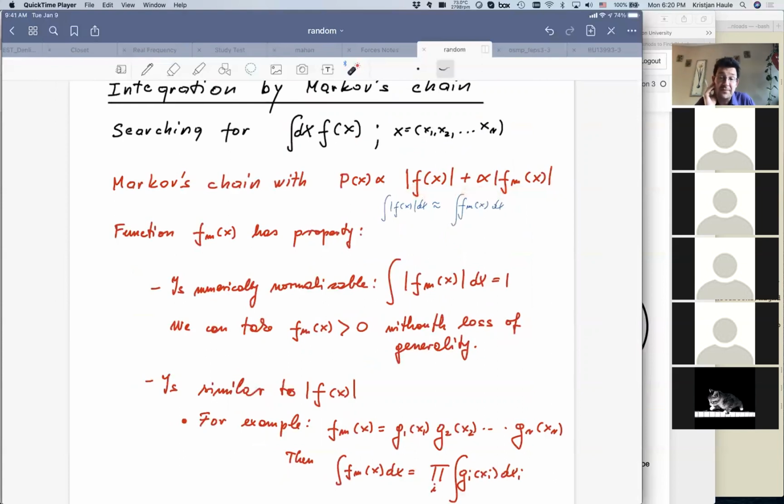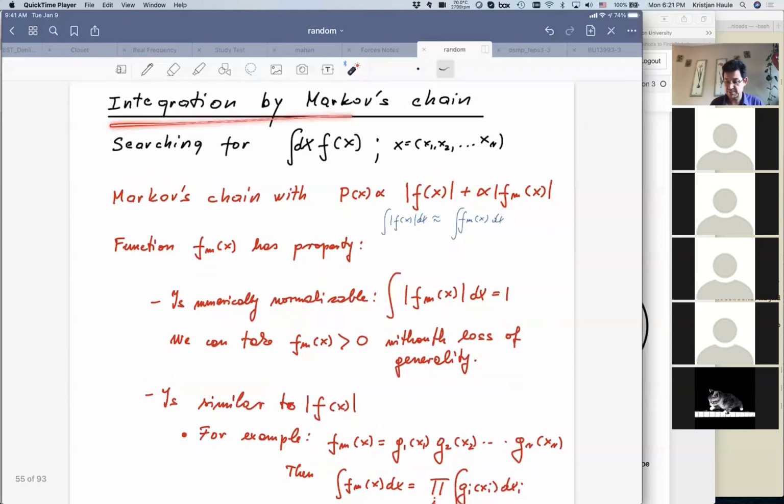And also even if this alpha is small, let's say much smaller than 1, then we are going to also sample space where function f, absolute value of f, is large. Even if this is somewhere completely away from any diagonal or any axis. So that's the idea of this integration by Markov chain.